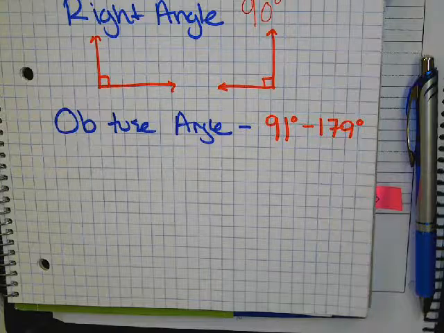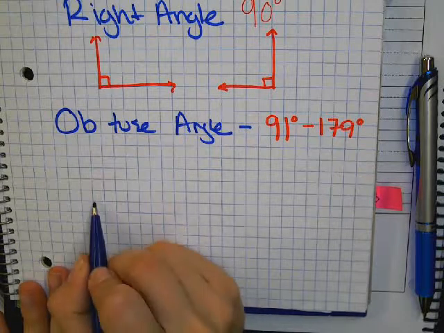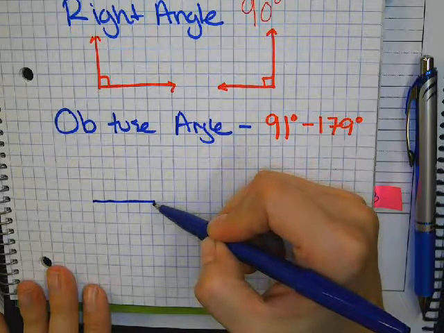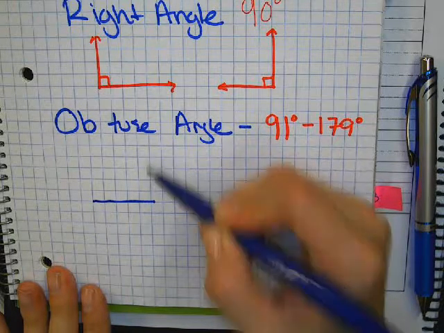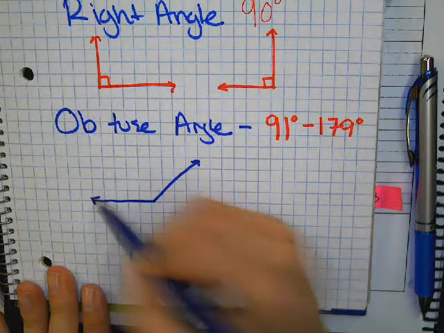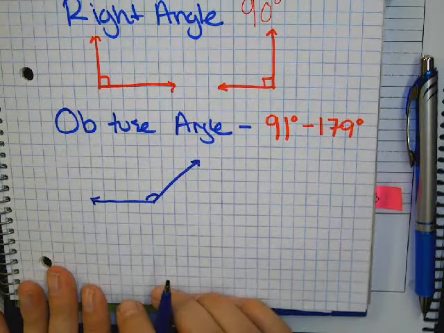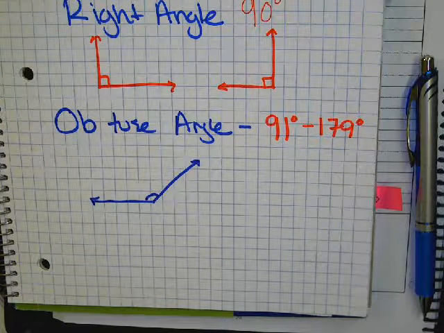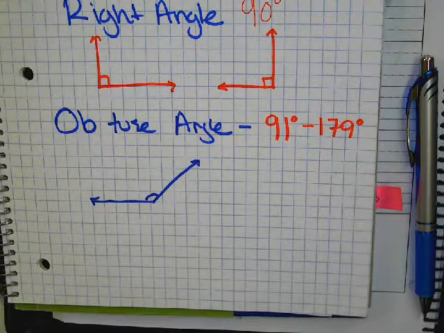All right. So let's start off with the straight line. If I go straight up, it's 90, right? So I'm going to make it just a little bit wider. That's obtuse. Leo, can you give it to Alondra to keep for me? Alondra, just keep it on your desk.